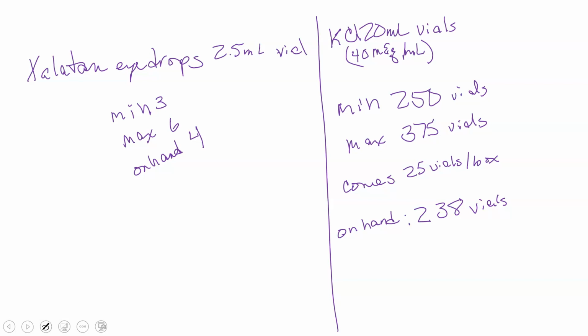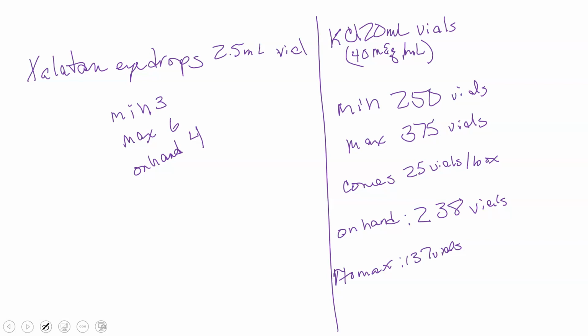We cannot break a box. All right, so we need to order. How many do we need to bring us to max? 137? To level up to max, 137. Well, that doesn't divide by 25, does it? 5.4.